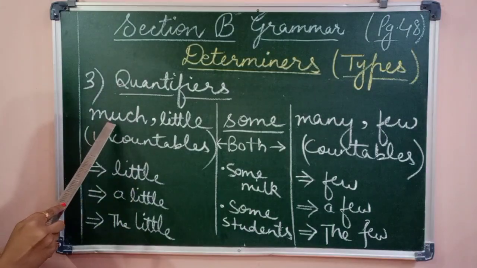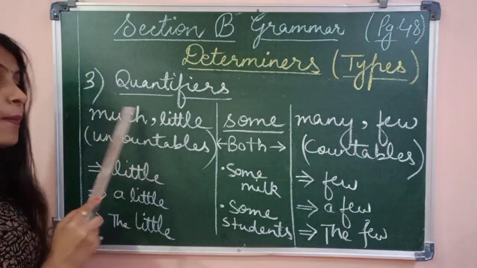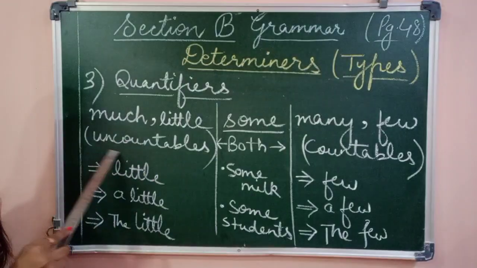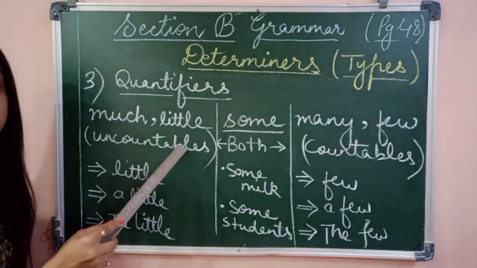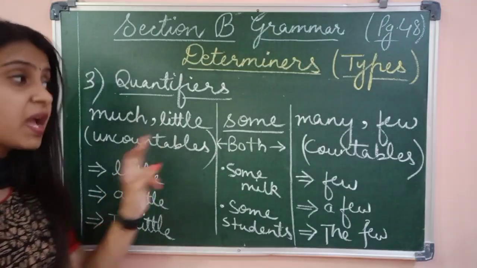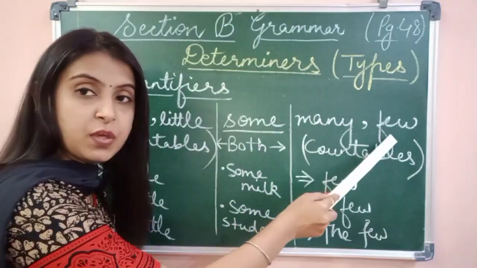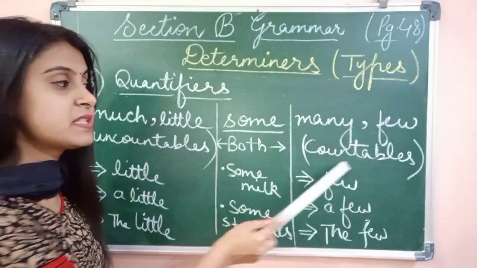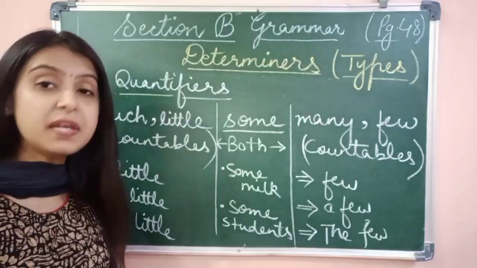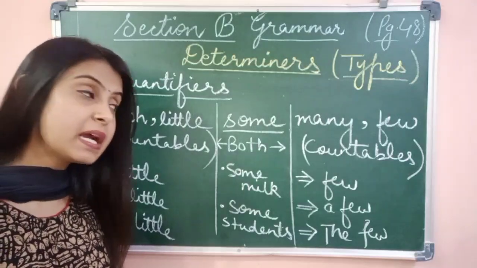Much and little are the quantifiers that are used before uncountable nouns, the nouns that we cannot count. Many and few are the quantifiers that are used before countable nouns, the nouns that can be counted.